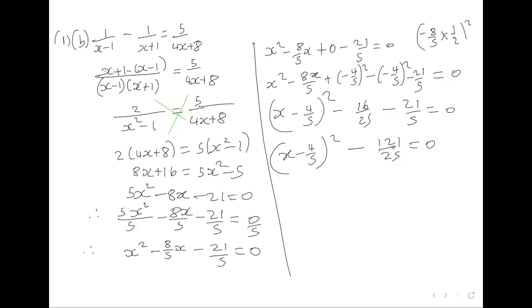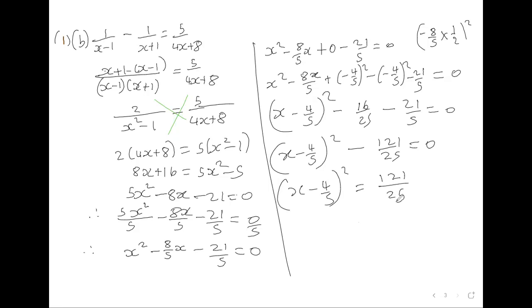This gives you x minus 4 over 5 squared equals 121 over 25.